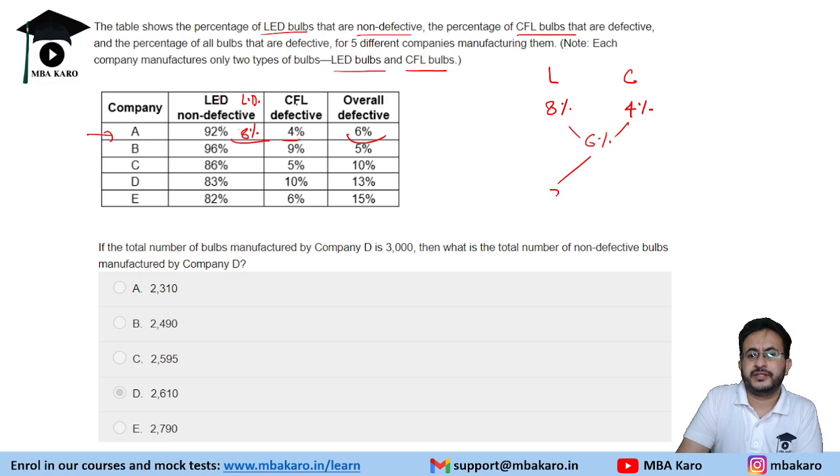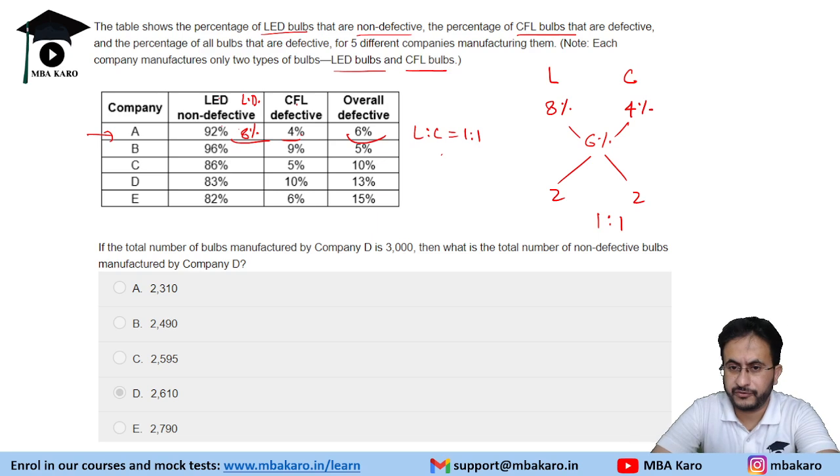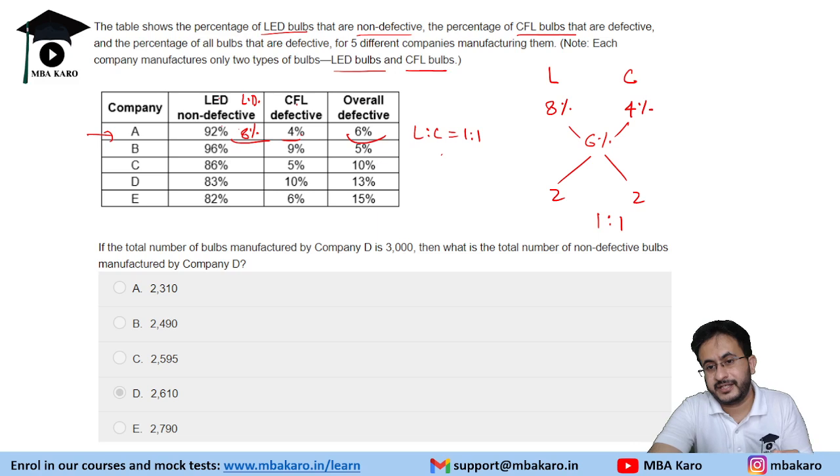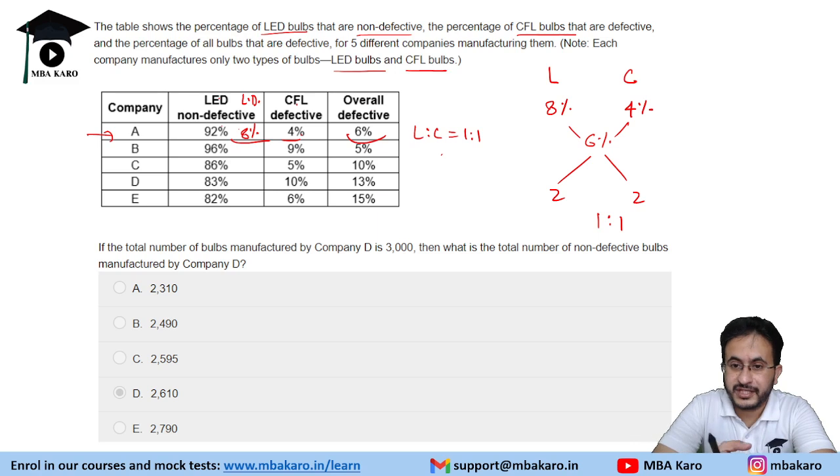If you take the differences, we get 2 and 2. So that means LED and CFL is 1:1. This is how we could have calculated for all, but it was not needed. It is important to understand that we can use the ratios to solve questions. So it was a concept on mixture and allegation.